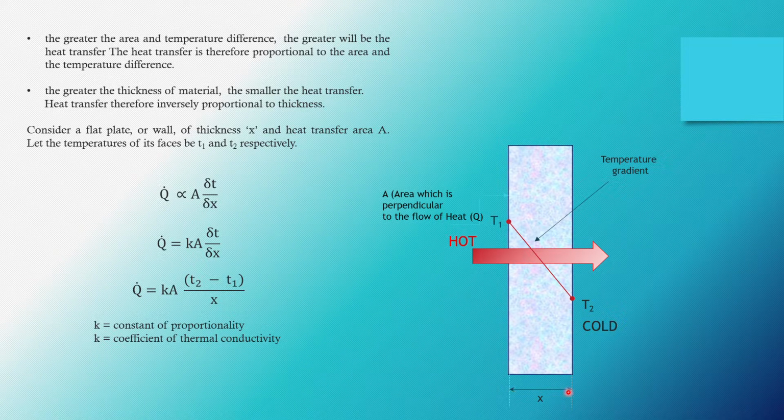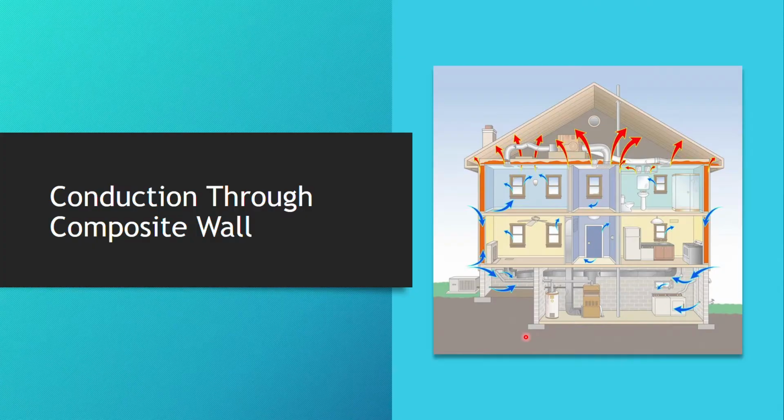This represents the thickness of the wall, and K of course refers to the material we use for the wall, let's say concrete or timber. The coefficient of thermal conductivity for a concrete wall and a timber wall will be different.